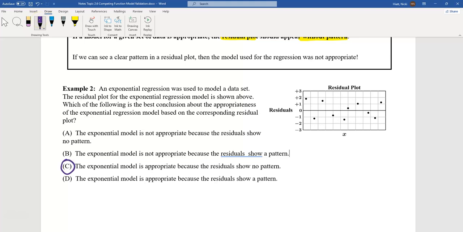Now, on our actual graph, when we actually graph the data, we want there to be a pattern, right? We want it to look like a line or a quadratic or whatever. But the residuals are telling you how far off you are, and you want that to be scattered about. And then D says the exponential model is appropriate because the residuals show a pattern. That's going to be false every time, because if you have a pattern in your residuals, that's a bad thing, which means the model is not appropriate.